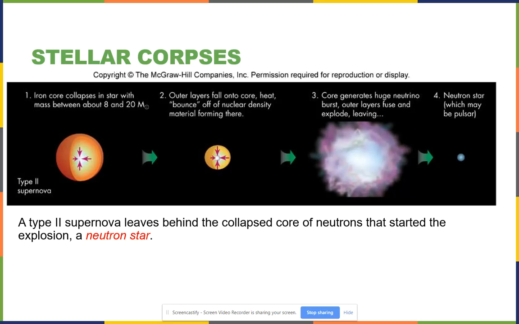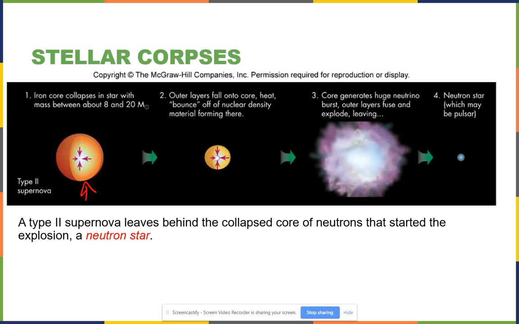So here's how stellar collapse occurs according to one picture. A type 2 supernova, you have a star that's in what stage would this be? Red giant. And then the outer layers fall into the core. Remember, you've crushed the electrons into the core, making it basically a huge nucleus of neutrons.